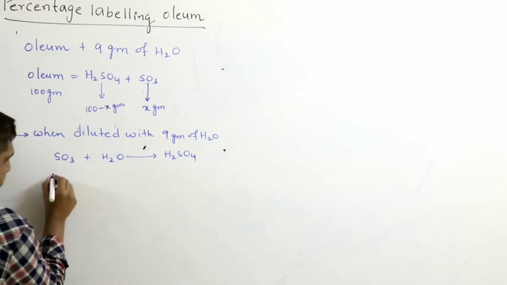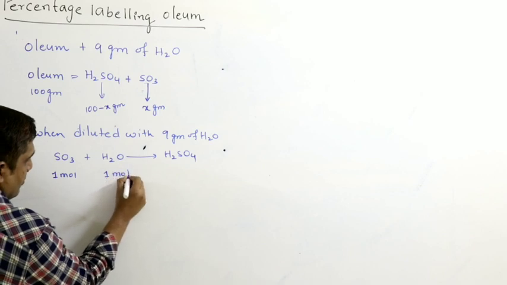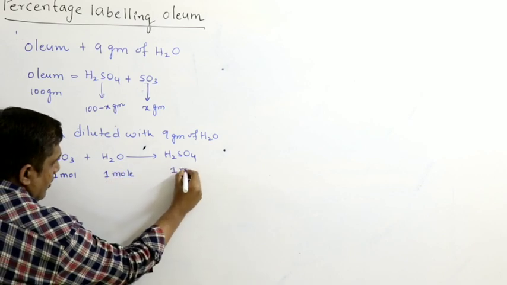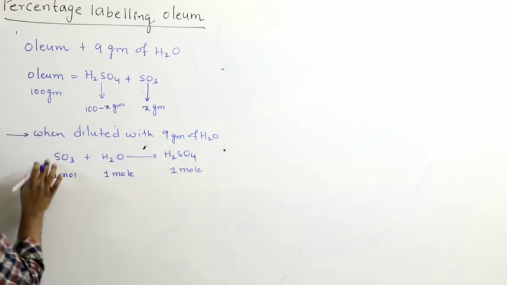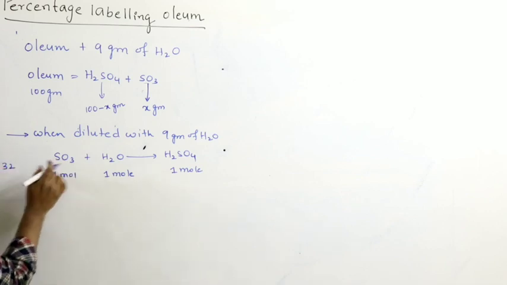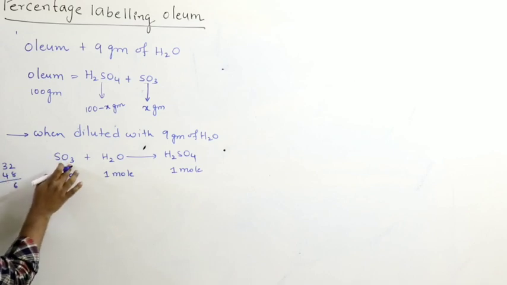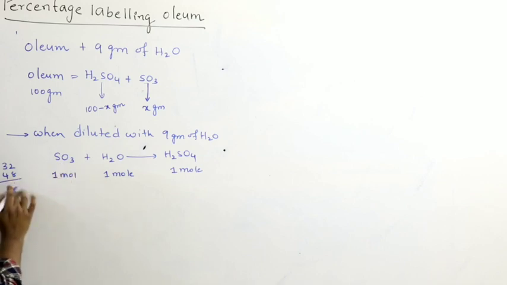Now it is balanced. 1 mole of SO3 requires 1 mole of water to form 1 mole of sulfuric acid. 1 mole of SO3 means sulfur 32, plus 3 into 16 is 48, so 80.